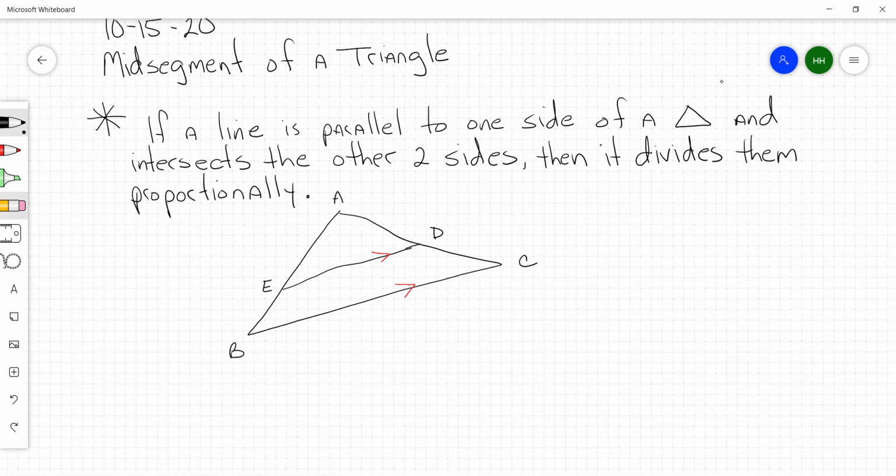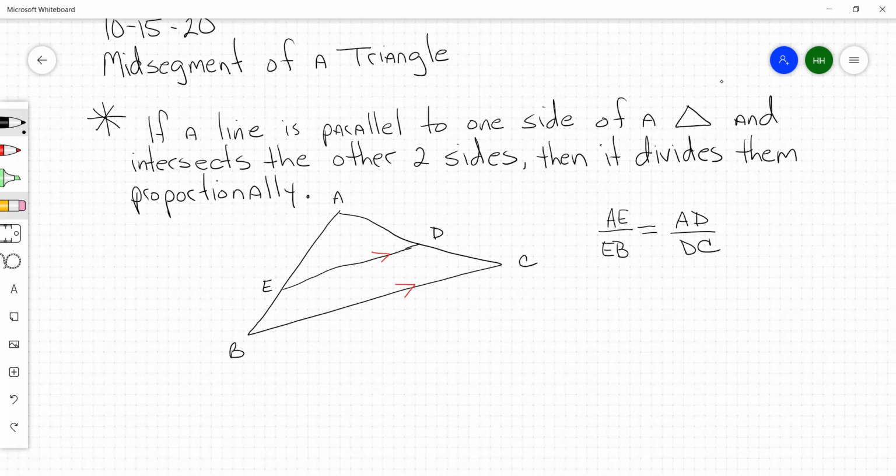If a line is parallel to one side of a triangle and intersects the other two sides, then it divides them proportionally. Here's what this means. It means that AE over EB is equal to AD over DC.